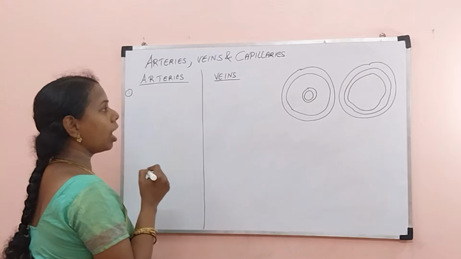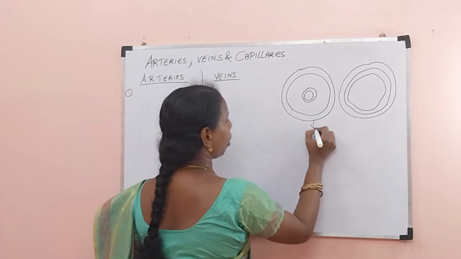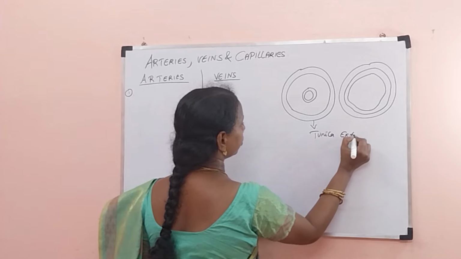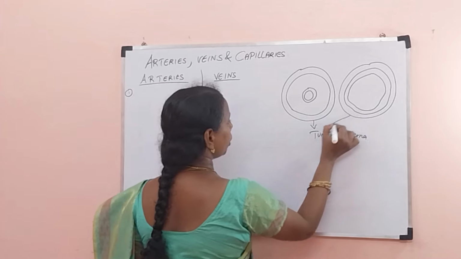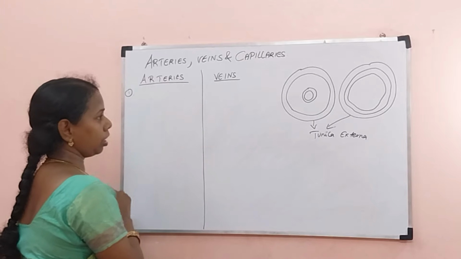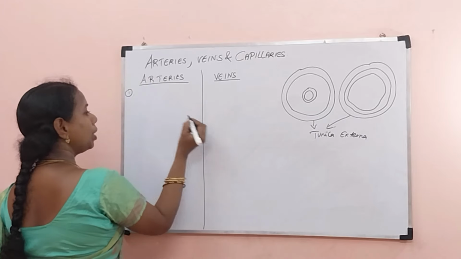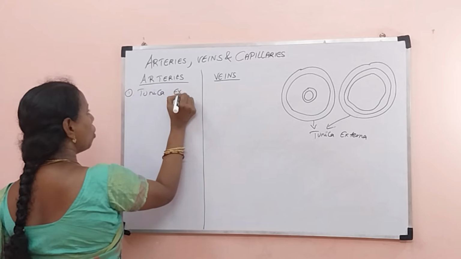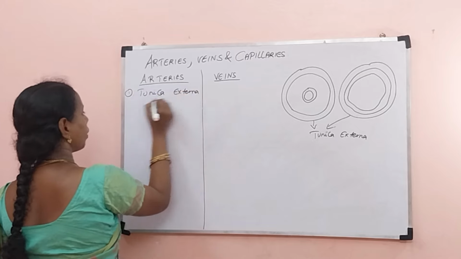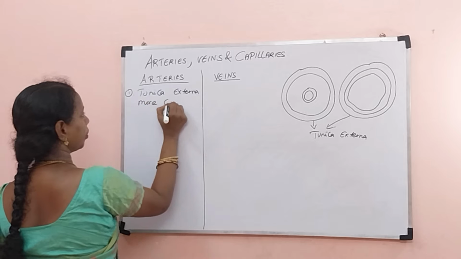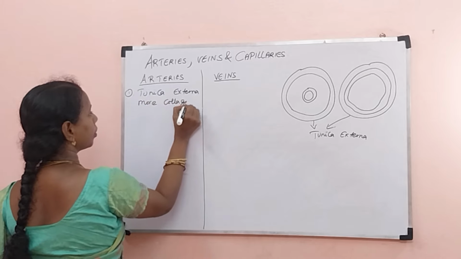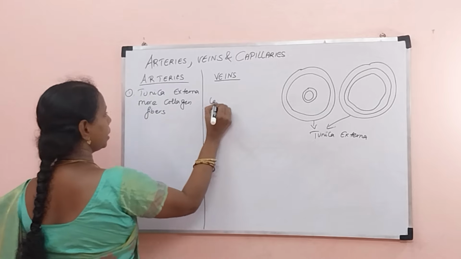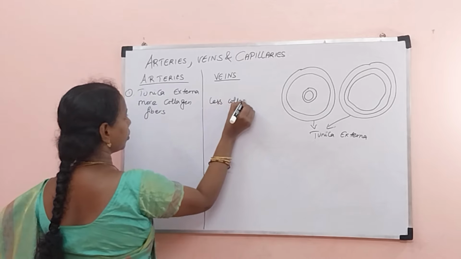If you see the artery, the outermost layer we call tunica externa. In veins also it is tunica externa only. Tunica externa is made up of more collagen fiber in arteries, whereas in veins there is less collagen fiber.